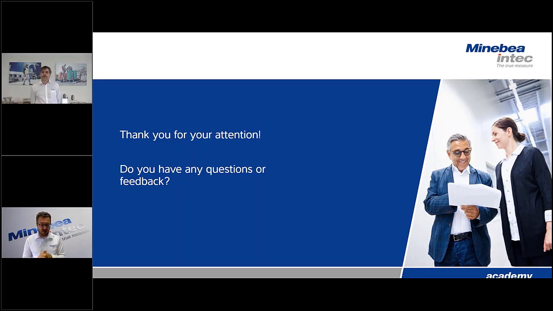So the question is, we have seen the different controllers and electronics to operate in different applications, but can I have more than one application on the different controllers? What is the approach we have? It depends on the electronics, but if you are talking about controllers such as Maxis 4 and Maxis 5, there is always only one application.